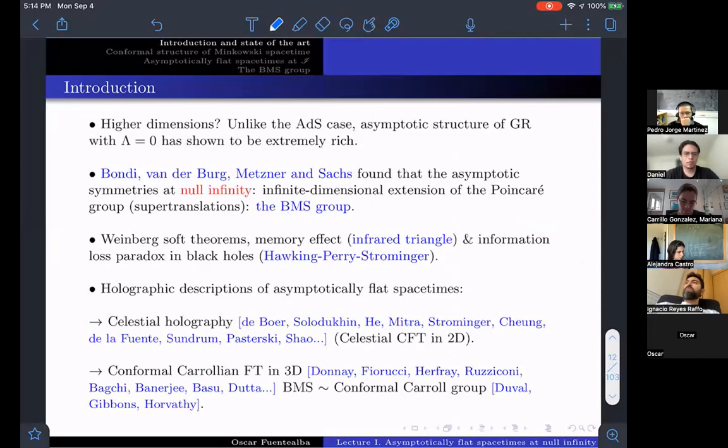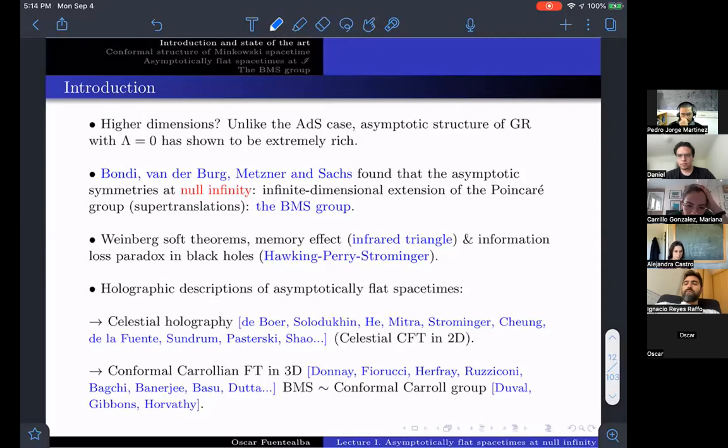Until now, we have two so far. One is the celestial holography proposal, which is a proposal coming from the gravitational scattering problem in quantum gravity. And the other one is the conformal Carrollian field theory in 3D. Celestial holography is about a celestial CFT in 2D, but the conformal Carrollian field theory is about a BMS invariant field theory in 3D.